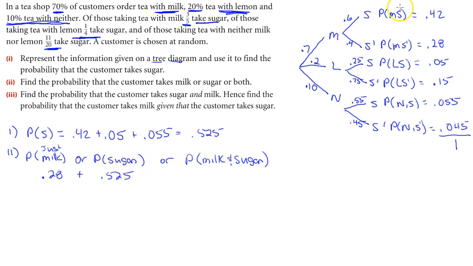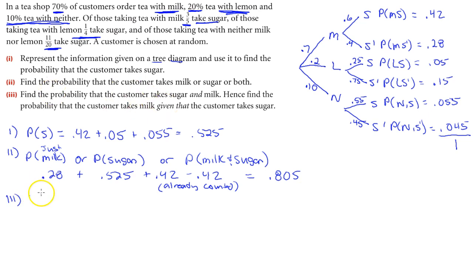And then there's milk and sugar, that's 0.42. But the thing is that milk and sugar is included in the sugar, so I've got to take that away. I shouldn't count it because I've already counted it with the sugar. So really all I'm going to do is take 0.28 and add 0.525 and get 0.805 as a probability.